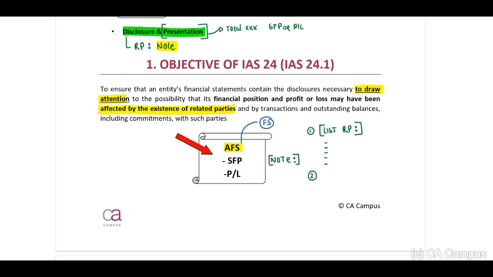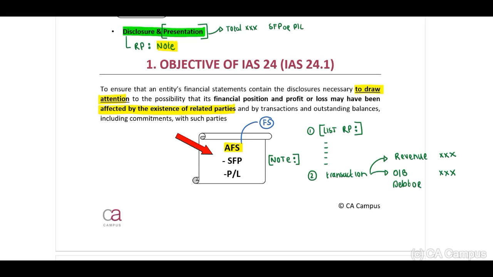Then, secondly, important, indicate the type of transactions. Therefore, normally you will have a line item with the transactions. For example, if there is revenue generated by sales to a related party, the revenue amount. And important, you need to include the outstanding balance at year end that is included in your debtors relating to that related party.